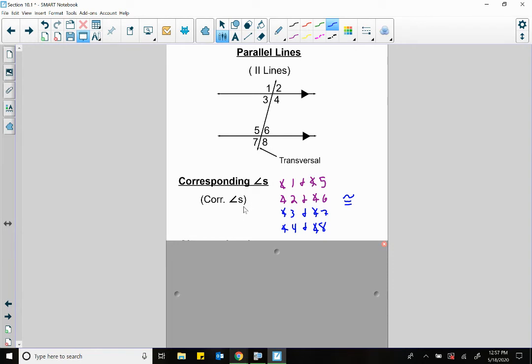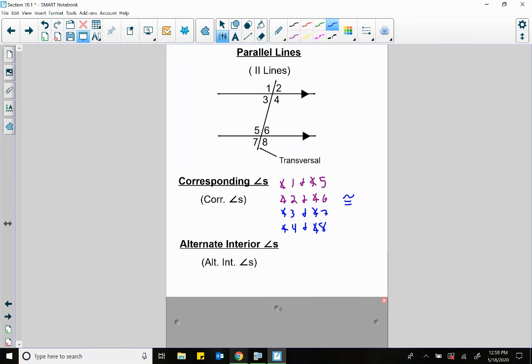Okay? So our next set of angles we're going to talk about are alternate interior angles. Okay? Alternate interior angles. Let me give you an example of alternate interior. Angle 3 and angle 6 are alternate interior angles. Okay?